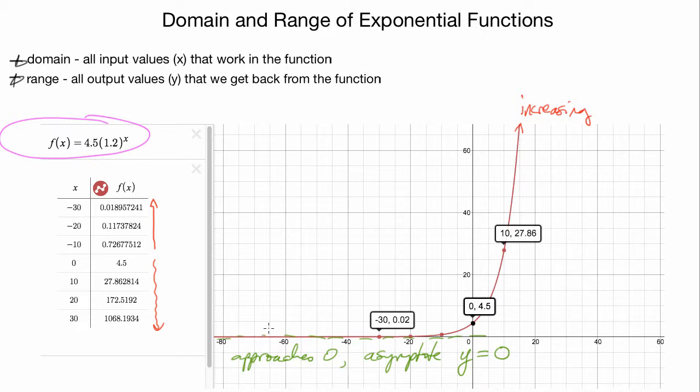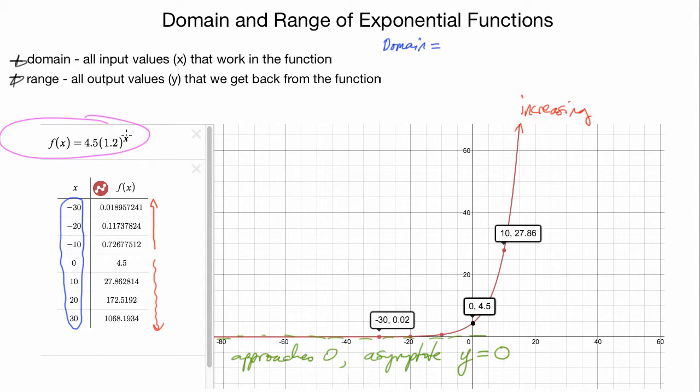Okay, so how does that help me describe the domain and range? Remember, the domain is all the x values. What x values seem to work? Just by looking at the table of values, negative x values work, positive x values work, 0 works.